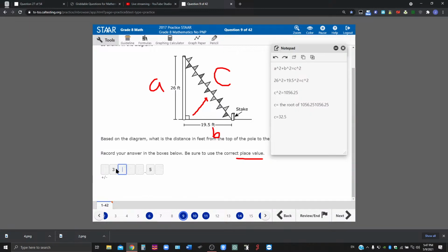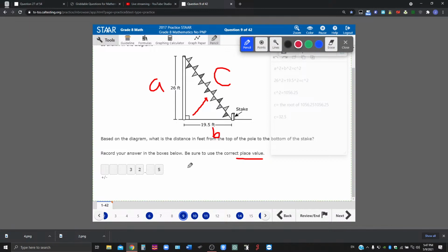You have to make sure that your 3 is 30, not 3,000, not 300, and your 2 is just 2, not 20 or 200. And your 5 has to be in the first space after the decimal. You cannot put it there, because if you put it there, that means what you're doing is 32.05, which will be wrong.